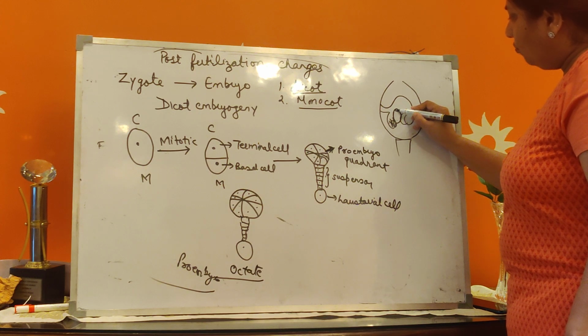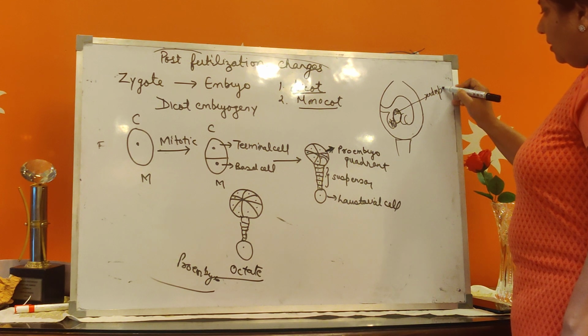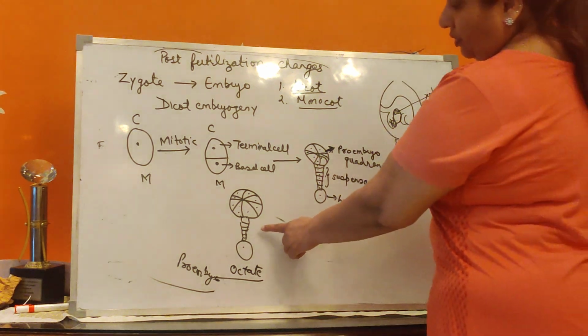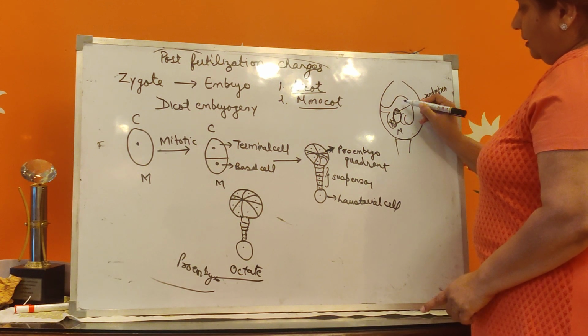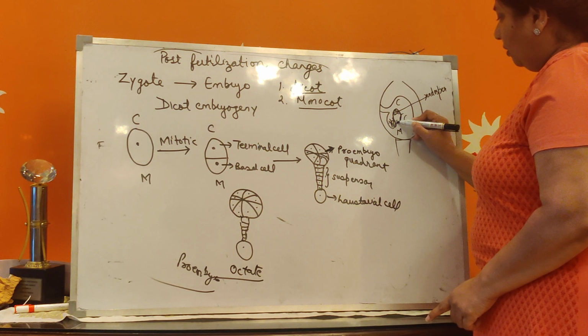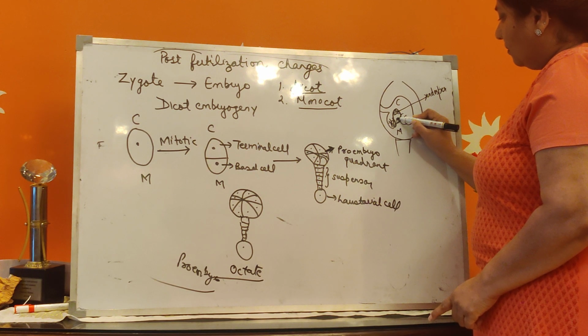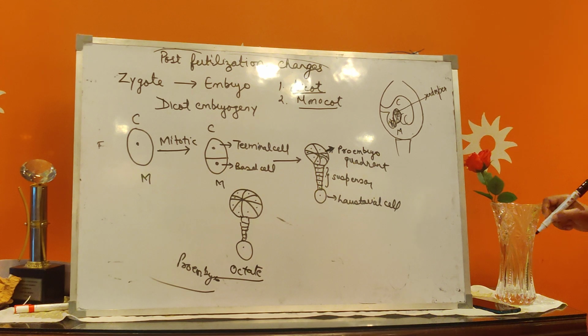And here it is the endosperm. Now what type of zygote does it have? This is the micropylar end. This is the chalazal end. The structure of it will be like this. Should I draw it a little bigger?